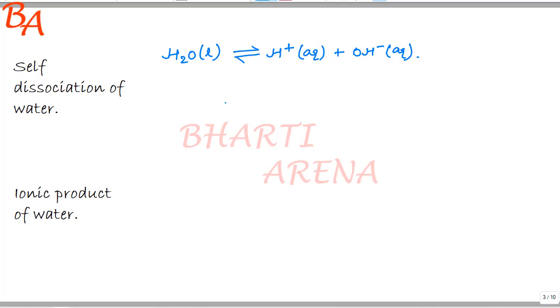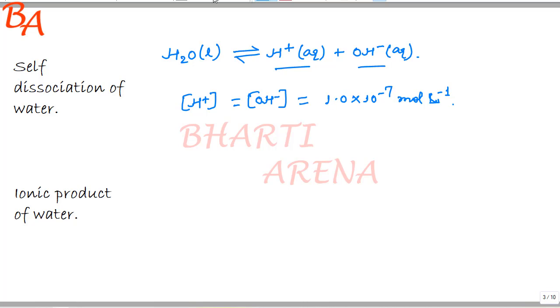At 25 degrees Celsius, the concentration of hydrogen ion and hydroxyl ion formed is equal and is equal to 1 into 10 to the power minus 7 mole per liter.